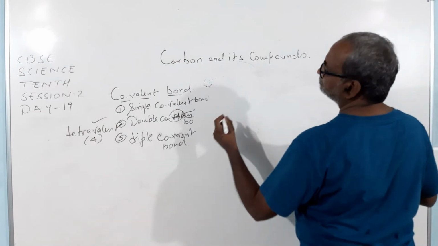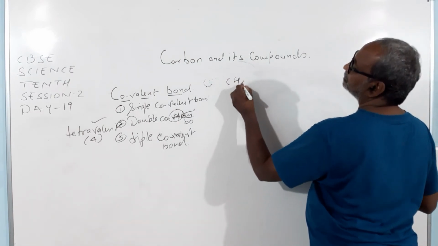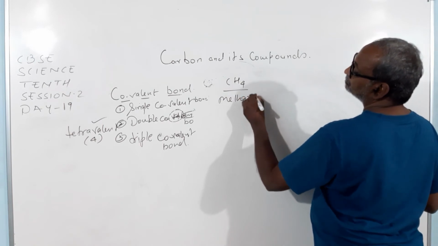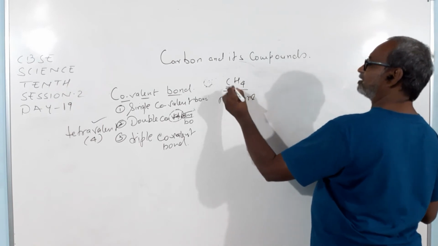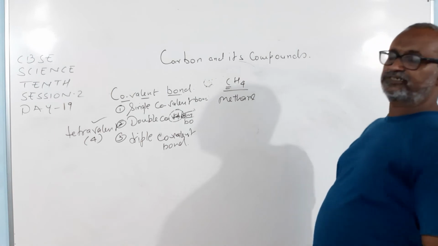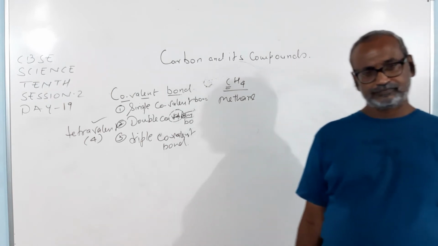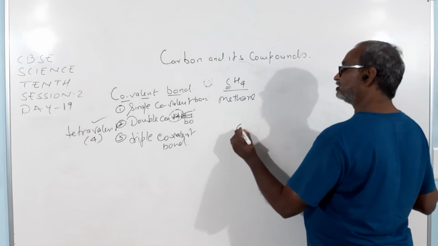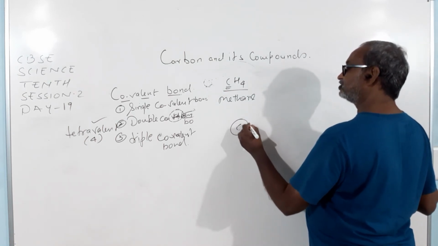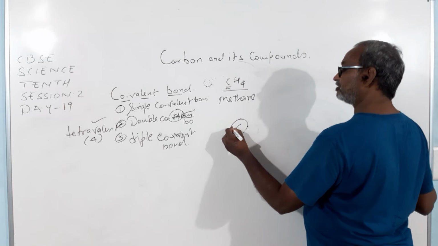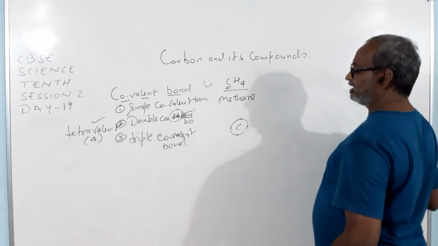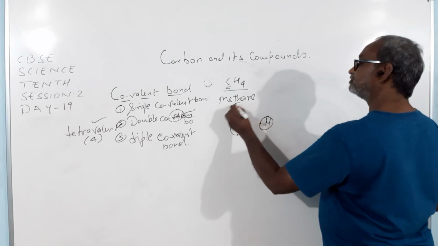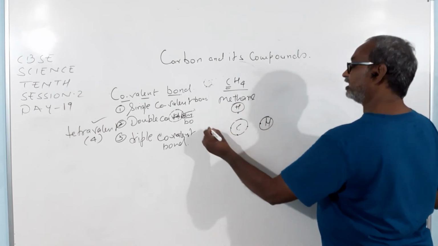In methane, one atom of carbon is bonded to 4 atoms of hydrogen by a single covalent bond. Carbon atom has 4 electrons in its outermost orbit. Hydrogen atom have only 1 electron in the only shell.